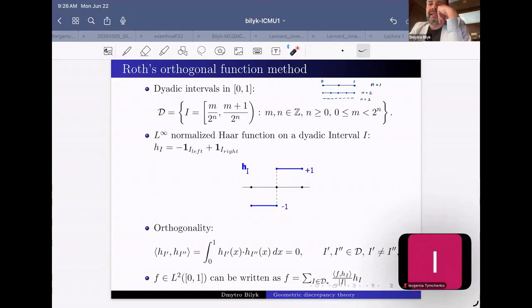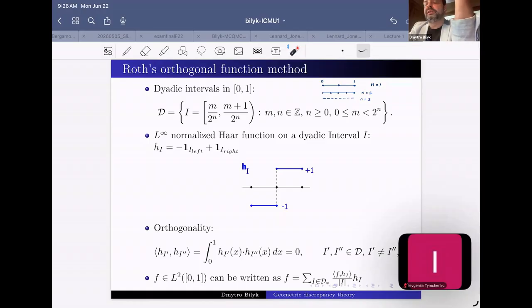Now, Haar functions were invented in 1909 by Haar, and they are known as the first examples of wavelets. Some of you might know what wavelets are, some not. The word wavelet did not exist back then. I think it appeared probably in the 1970s. But basically, wavelets are orthogonal bases that are localized both in time and frequency.